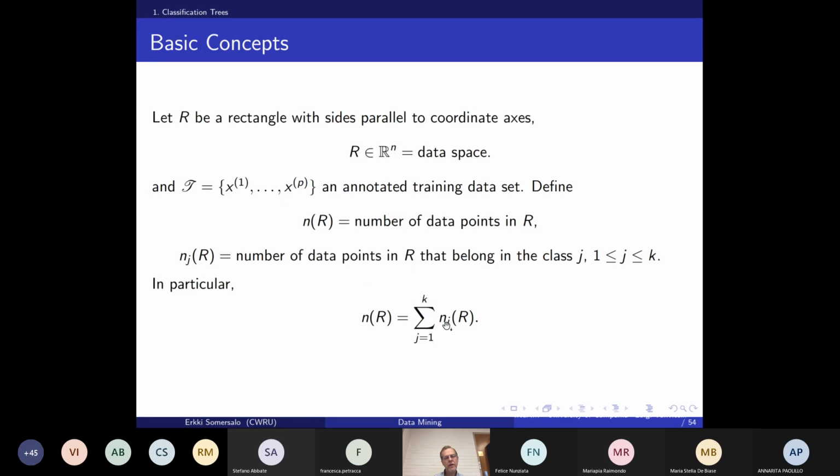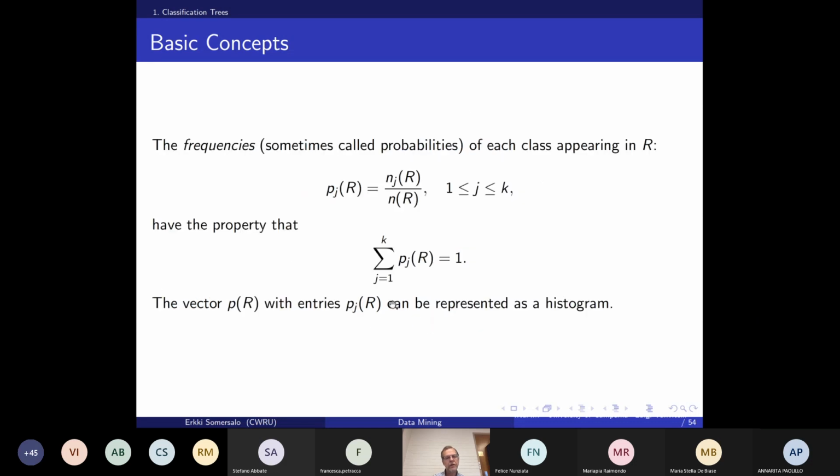And now you see that the total number of points is simply the sum of the number of points in each class, because the classification is unambiguous. We know exactly which class the training data belongs to. So the nj's add up to nR. This is my first observation.